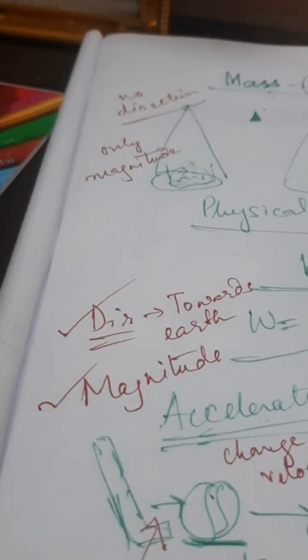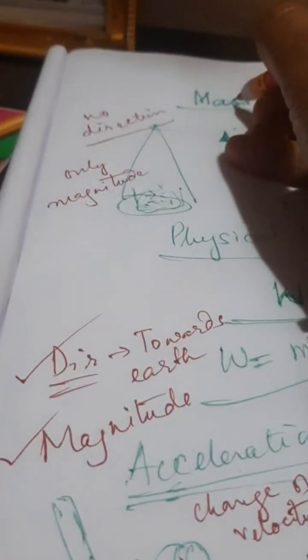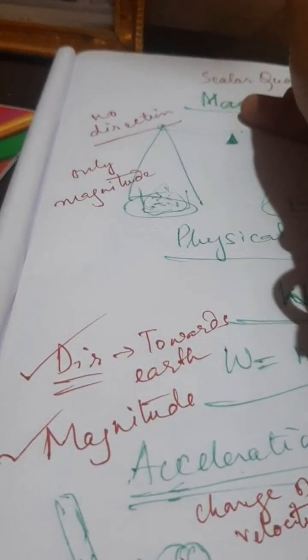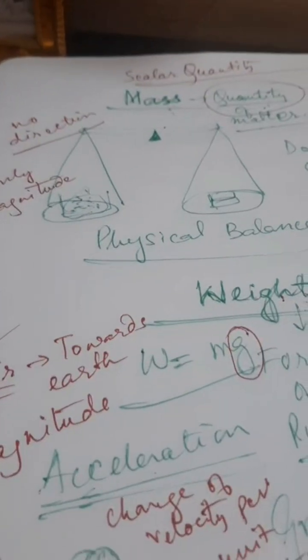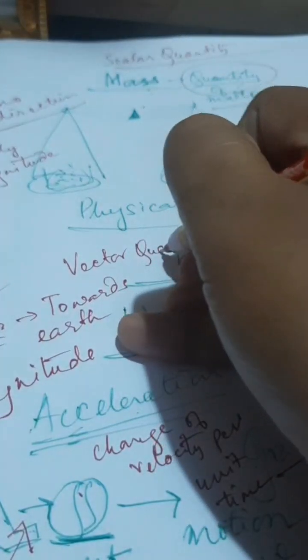So here comes a new idea that mass is a scalar quantity, and weight is a vector quantity.